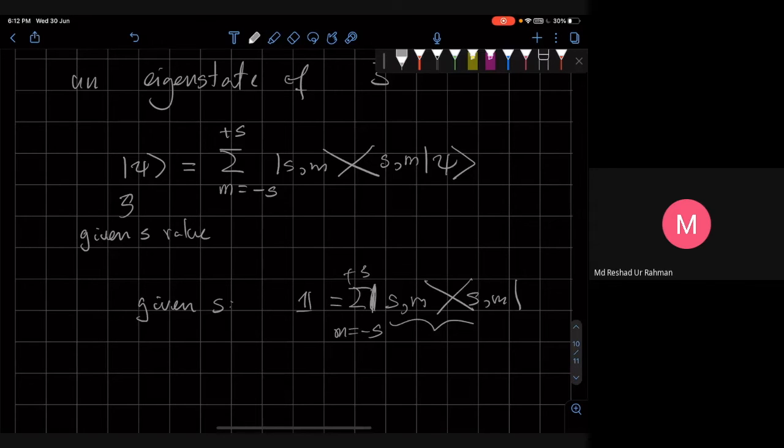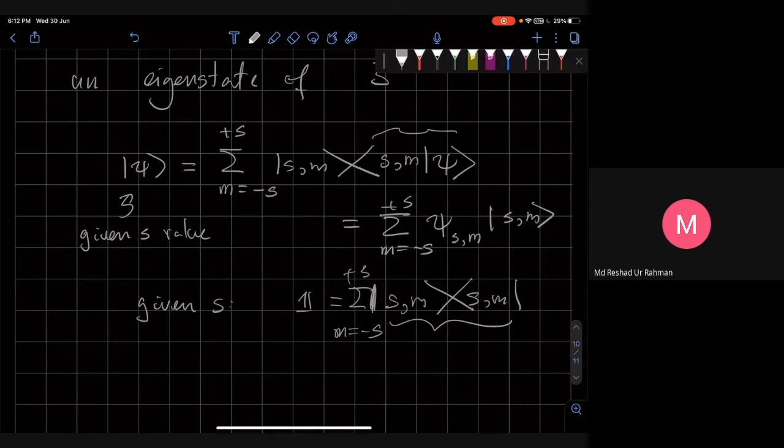These are just the projection operators, right? Okay. So now we can write this as the sum over m from minus s to plus s. What is this? This is the wave function of s,m. This is going to be some matrix. Okay.